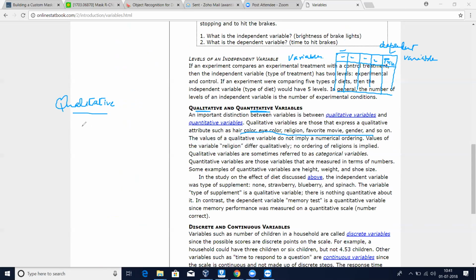Like color, male, female, option, location. All this belongs to qualitative.